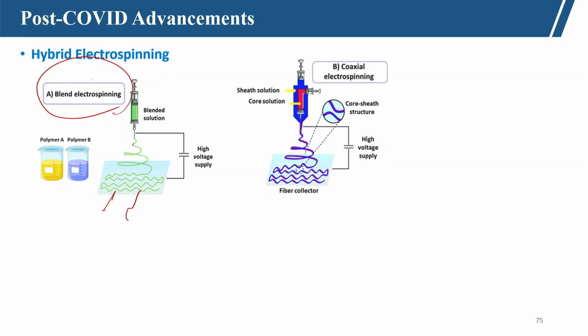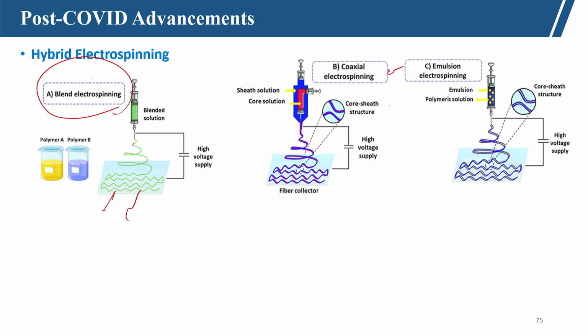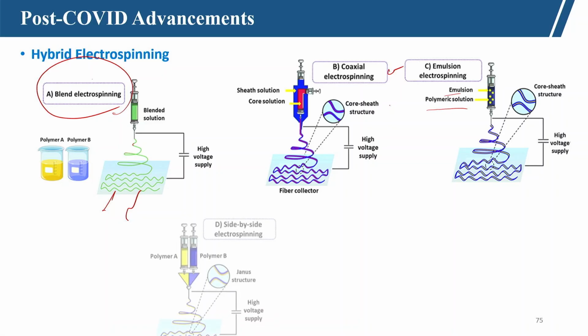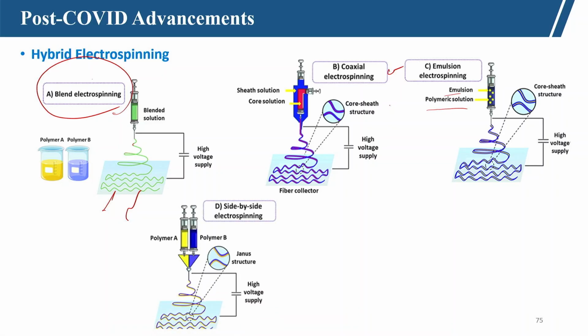We can get core-sheath coaxial electrospinning, with a core-sheath type structure. We can do emulsion electrospinning, and side-by-side electrospinning. So, different types of structures we can create.